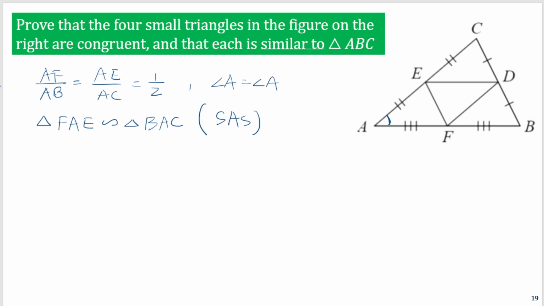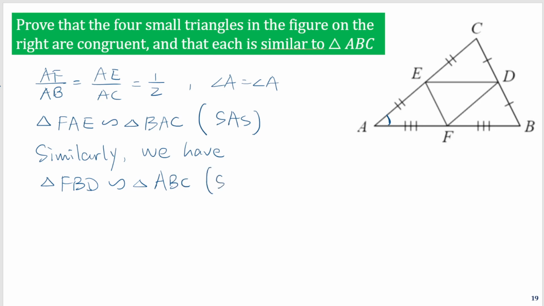And using similar methods, we have triangle FBD is similar to triangle ABC, right? The method should be the same, also SAS. And triangle CED is similar to triangle CAB.